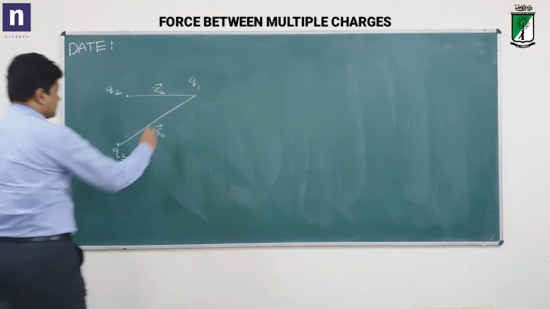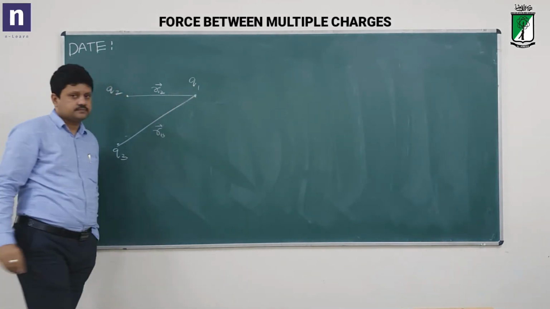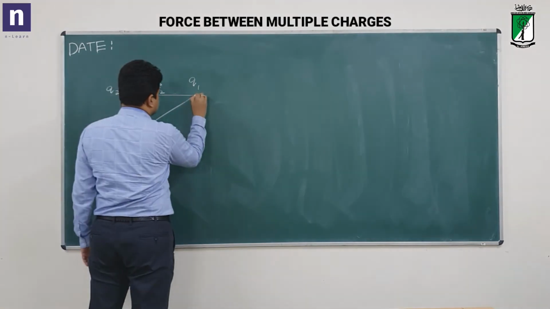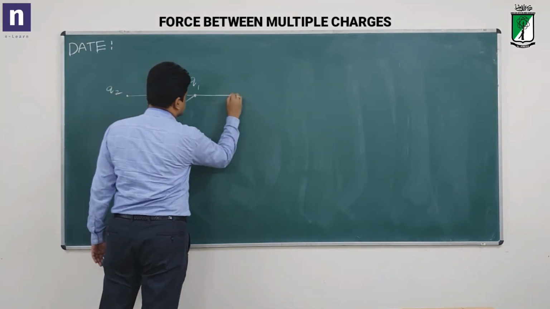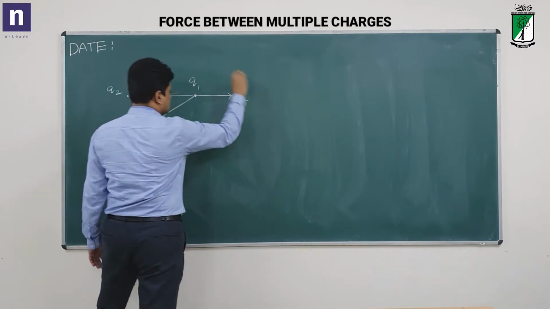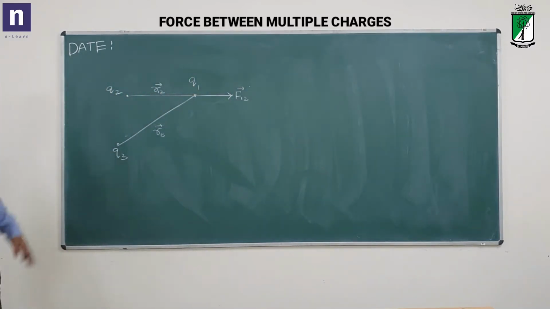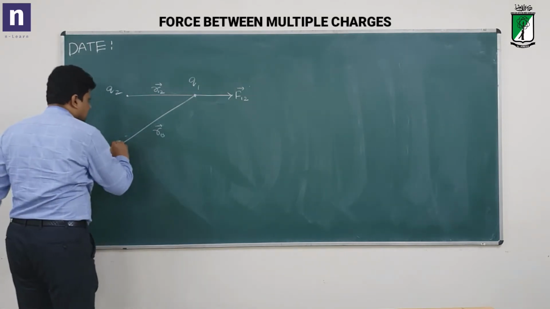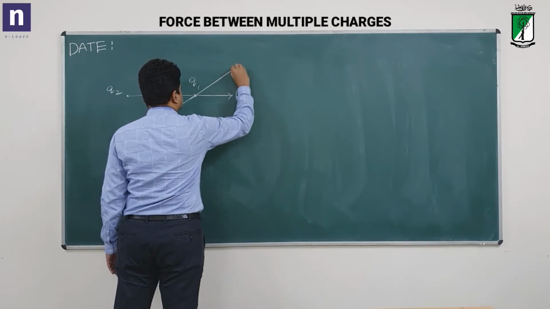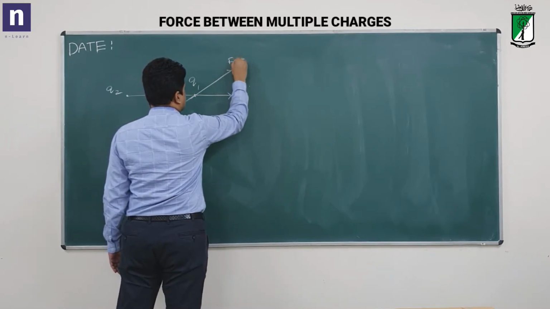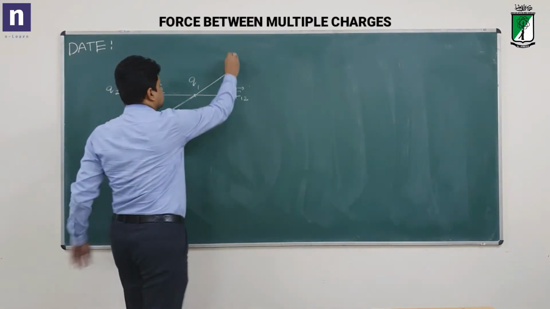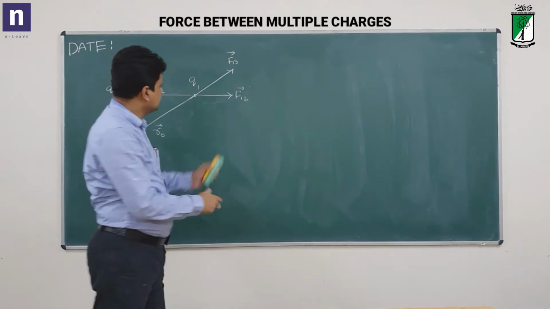Now I am trying to find out what is the force on Q1 due to Q2 and Q3. Now due to Q2, of course, assuming that they are all positive charges or identical charges, this is the force on 1 due to 2, F12. Now from Q3, again the force is in this manner, F13, force on 1 due to 3, which is also a vector.